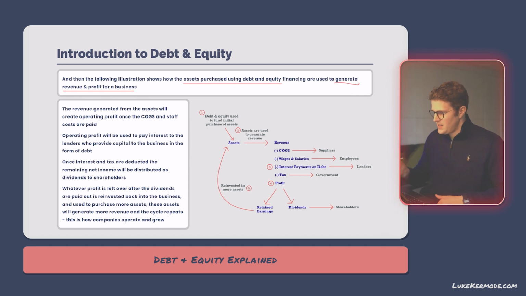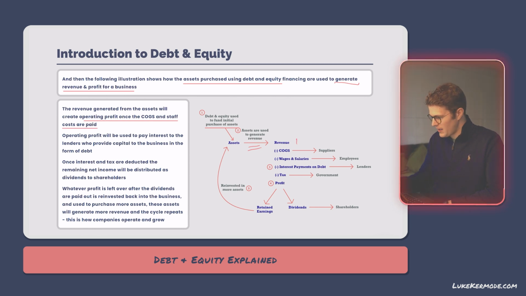The debt and equity is used to fund the initial purchase of the assets. So we've got our assets. Those assets are used productively to generate revenue, and that revenue generated will create operating profit. Operating profit is basically what you have once the cost of goods sold and staff costs have been paid.